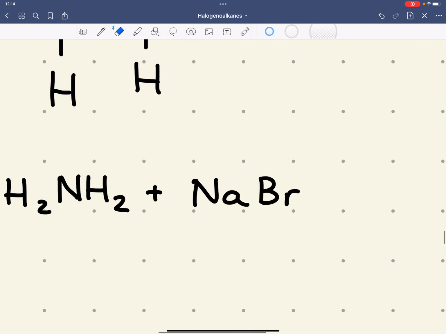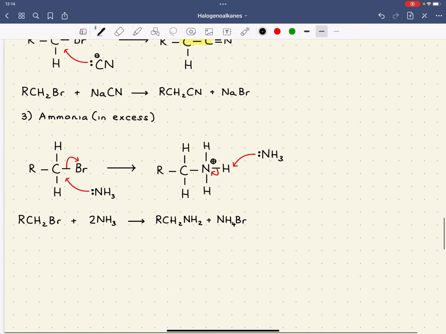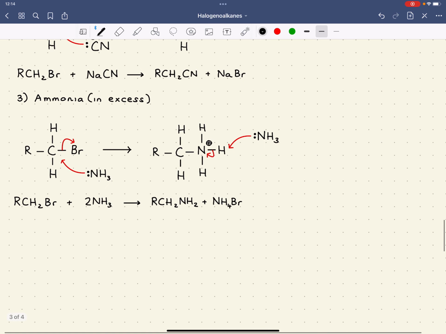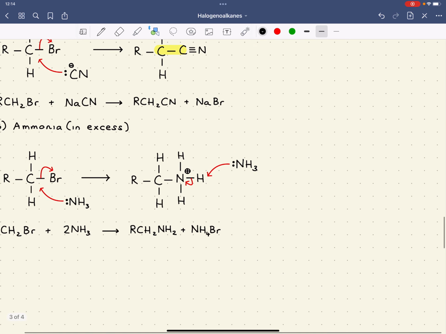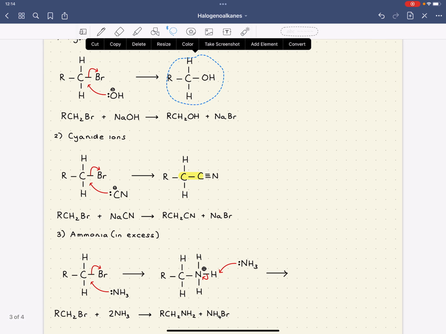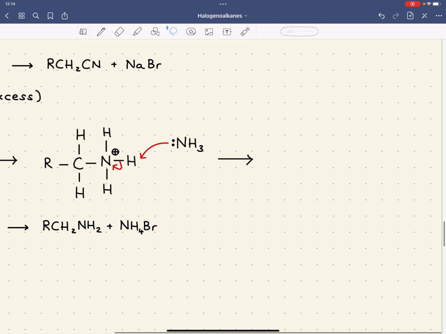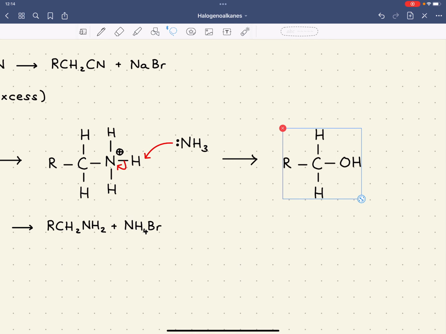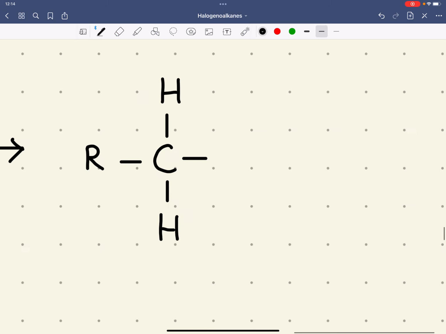And my other product is ammonium bromide, NH4Br. Now, an important thing to remember is the product formed. We'll just draw the product formed here. The product formed is an amine. So we get rid of that, we put an NH2.